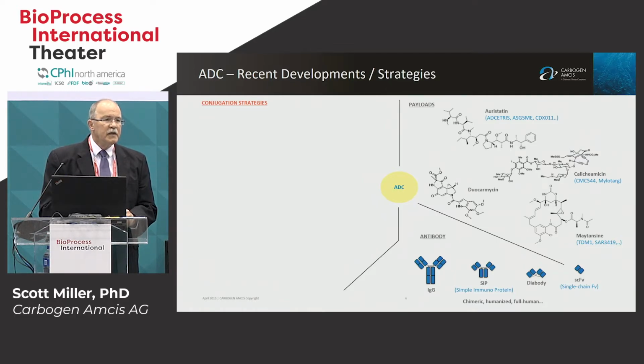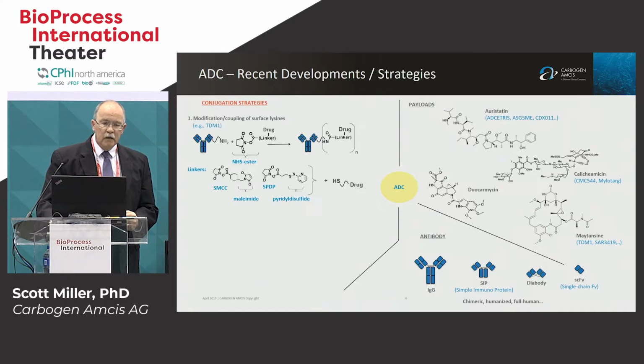Duocarmycin is another one that's been considered. There are a few others also, PBDs, pyrrolobenzodiazepines, that are currently in clinical studies. Conjugation strategies: you've already seen a little bit mentioned of this. I think Juan mentioned it in his talk. You have surface lysine conjugation.